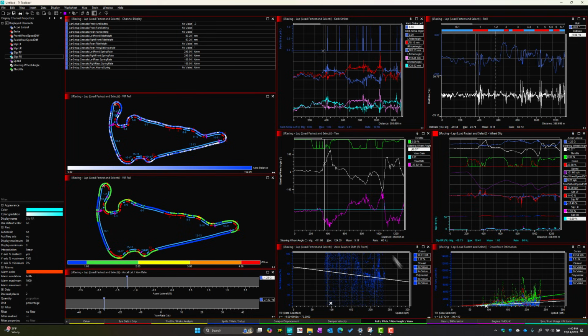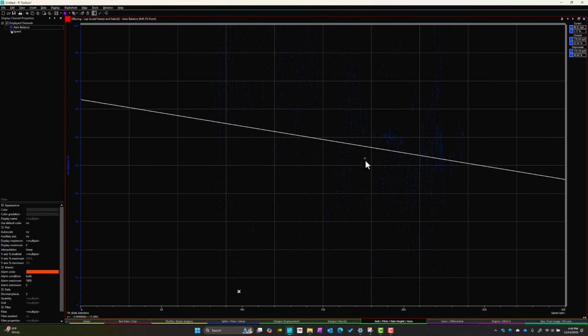And then we talked about Aero balance over here, but here it is. Let me just blow it up real quick. Here it is in an XY scatter chart with a polynomial that really just shows you the trend, right? I mentioned how it's going to move with cornering and braking and accelerating, but this gives you that trend.